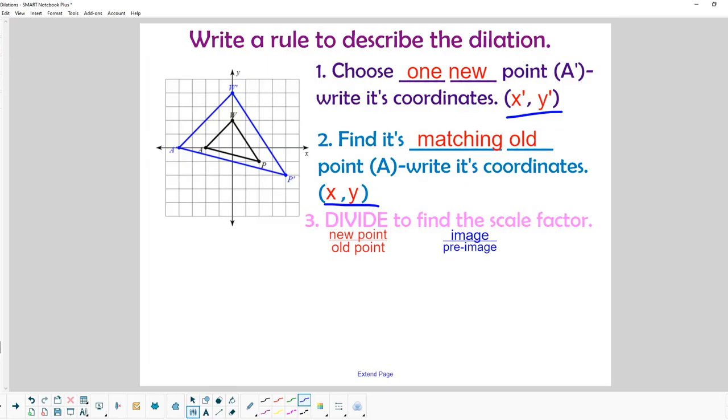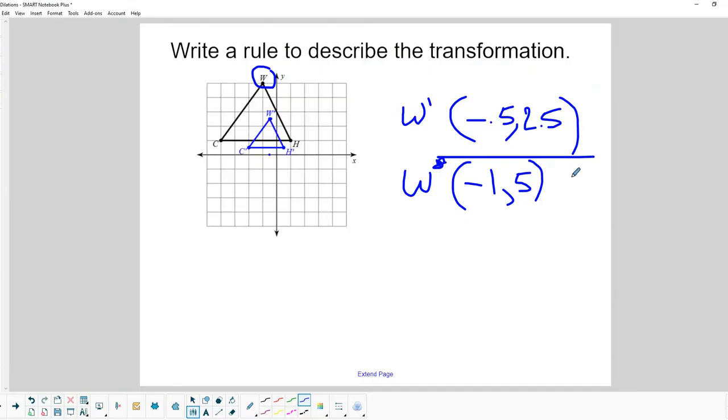So let's go back. We divide the new point by the old point. So negative 0.5 divided by negative 1. What would that equal? Well, that would just equal 0.5, right? And the same with this one.